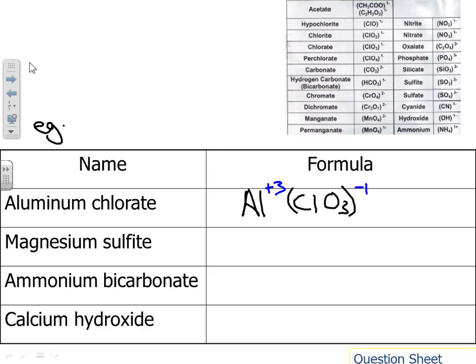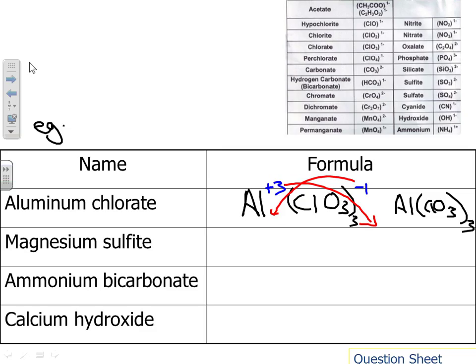Crossing it over. We'll use a different color. Puts it over there and puts that over there. We don't write the 1, but we do write the 3. I'm going to rewrite that: Al brackets ClO3 brackets 3.